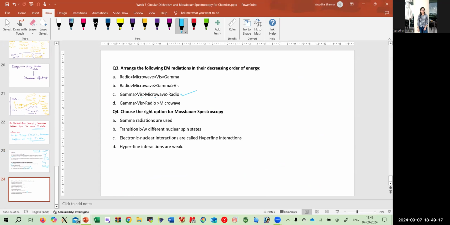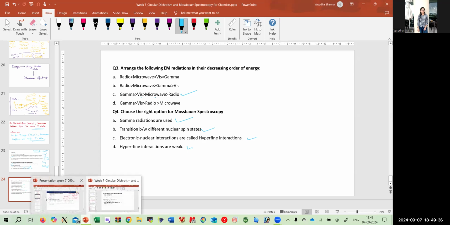Choose the right option for the Mossbauer spectroscopy. Gamma radiations are used for transition between different nuclear states. Electronic nuclear interactions are called hyperfine interactions. That is also true, and hyperfine interactions are weak. That is true, so all of them hold true here.